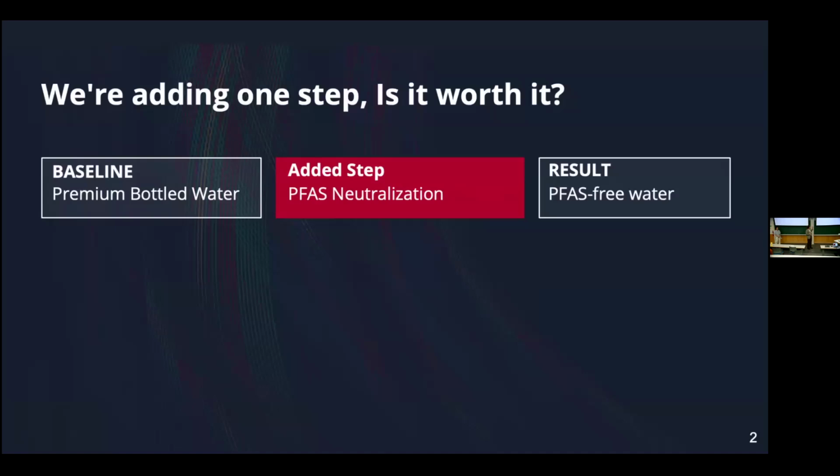We looked at premium bottled water as our market potential. We chose premium bottled water mostly so that we could get access to market data and also ask questions to people that knew what they were talking about, and people know what they're talking about when they're buying bottled water. We added a step, which is the PFAS neutralization. We'll get into the technical aspects of that in a second. And the result was PFAS-free water.